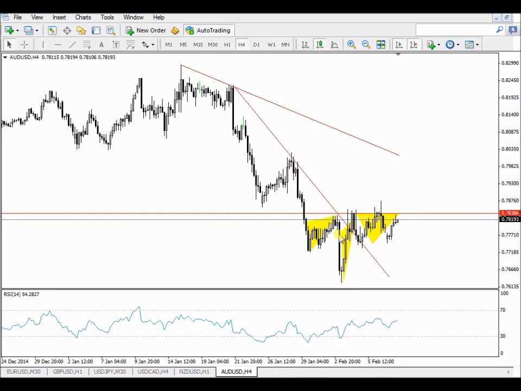Alright, so that's basically a very skewed head and shoulder pattern, which we know how to trade.